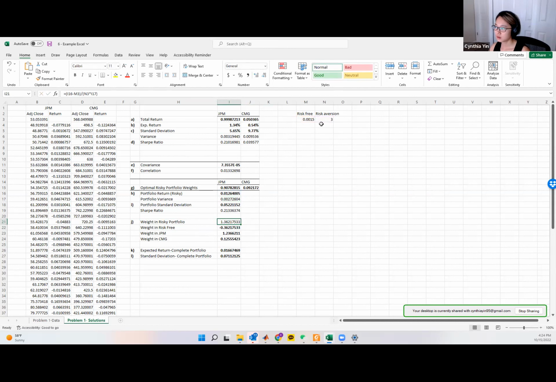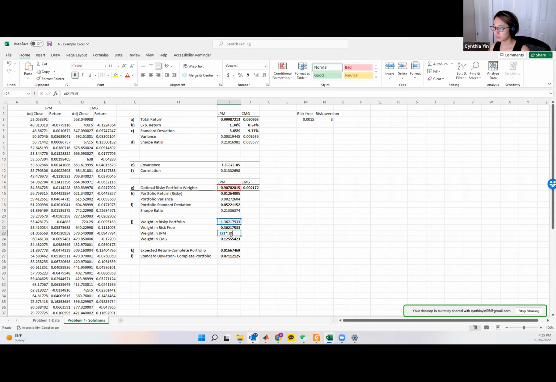It means on the optimal CAL, you invest around 1.4, 140% in the risky portfolio. And as a result, in the risk-free rate, you invest minus 40%, basically meaning you're borrowing at the risk-free rate and investing more than 100% in the risky portfolio.